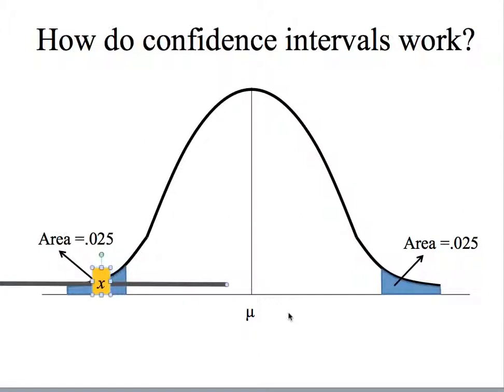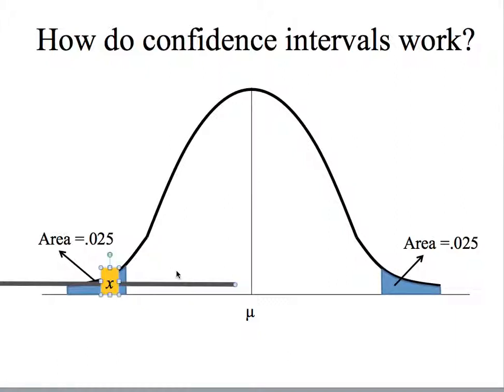How about if we take another sample and we get a mean that is extremely low, way below the population mean? Now, our confidence interval will not have the population parameter in it. This sample mean was so low that it's not capturing the population parameter even in the 95% confidence interval.